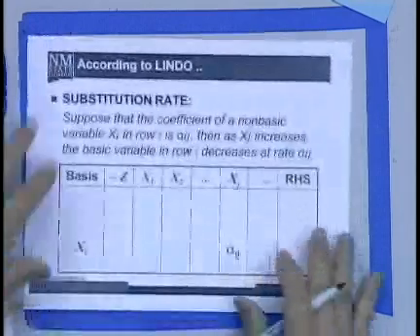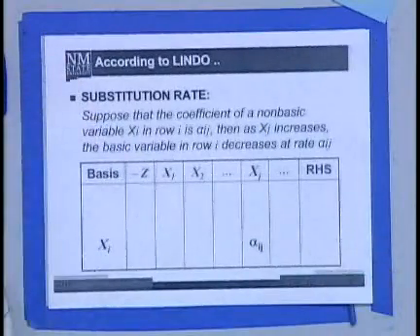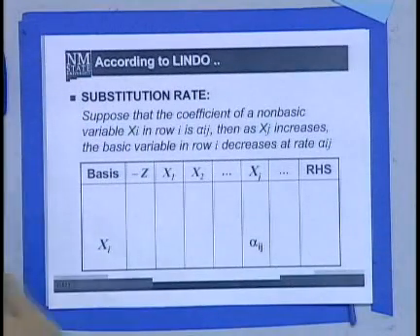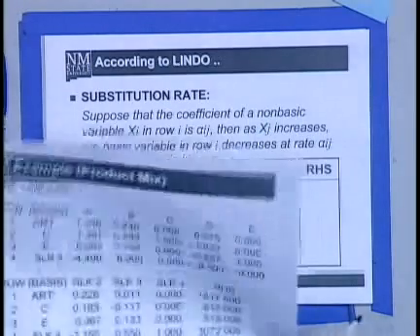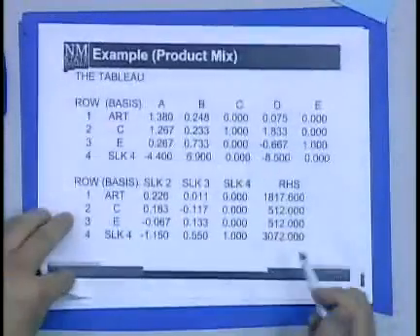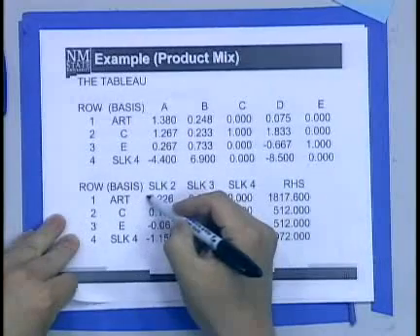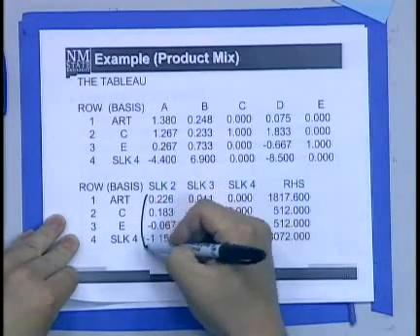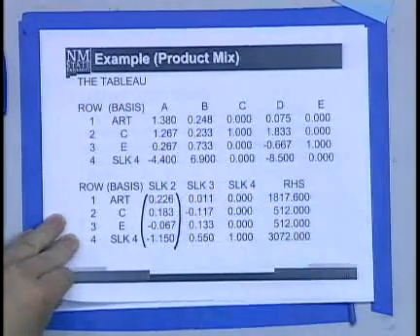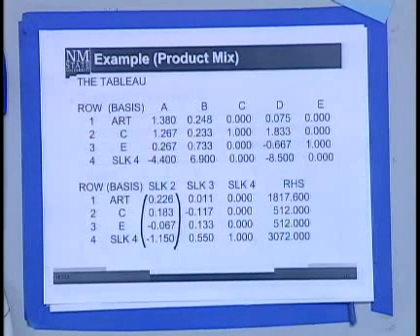And again, the substitution rate for slack 2, which is the slack variable for row 2, is found in the table below, right?